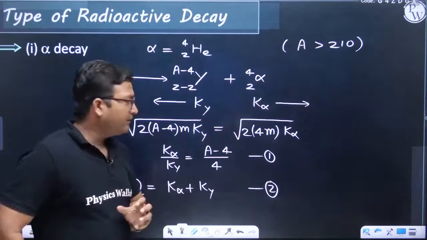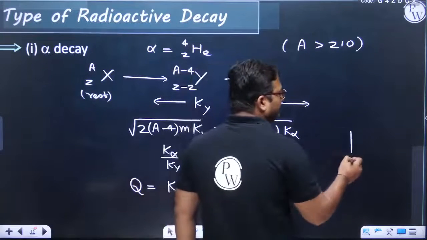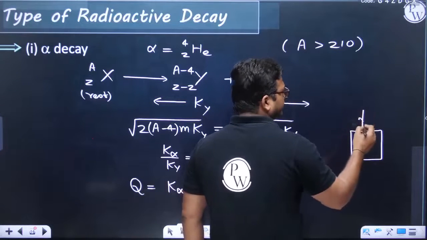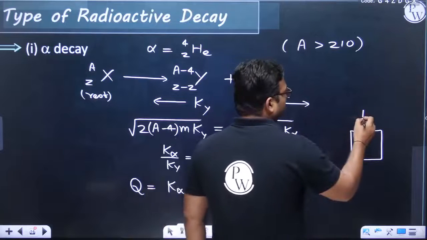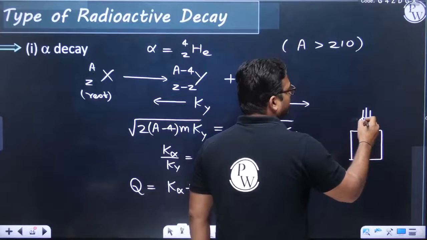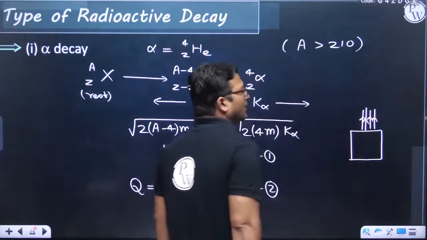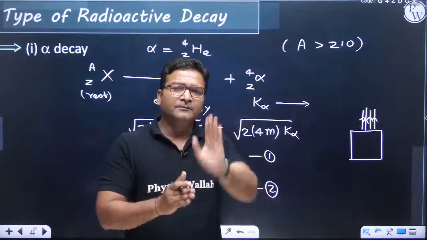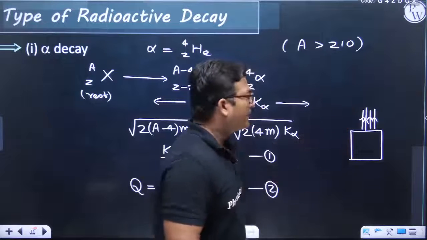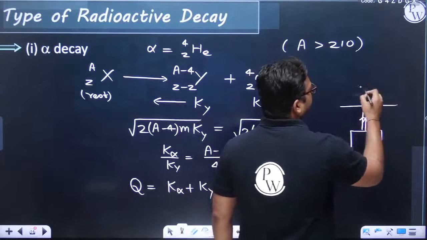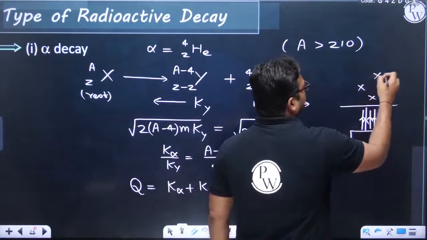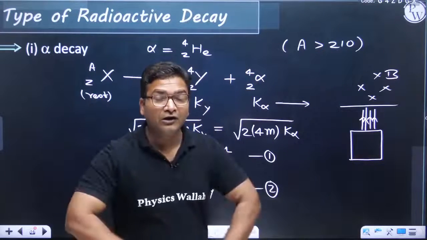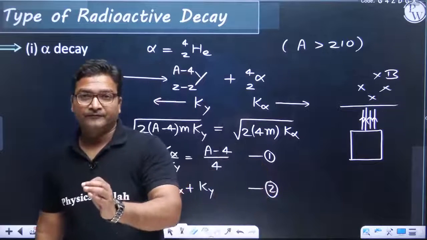How can it be verified? Suppose we have this radioactive sample emitting alpha particles. Suppose in this direction lots of alpha particles are being emitted. We somehow converge all alpha particles into a single beam traveling in the same direction. If they now enter a magnetic field, perpendicular to the velocity of the alpha particles, they all go in circles.